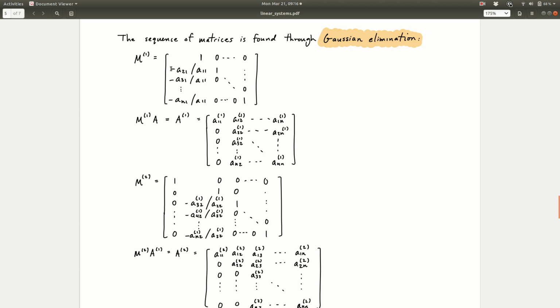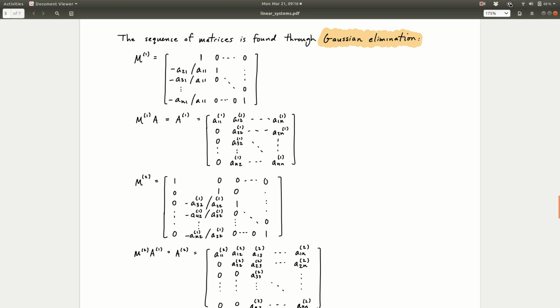This is the negative of the 2,1 entry of A. And you can see how the pattern works. In the 3,1 entry of M1, you get minus A31 divided by A11, all the way down to the n,1 entry of M1. You get minus An1 over A11.